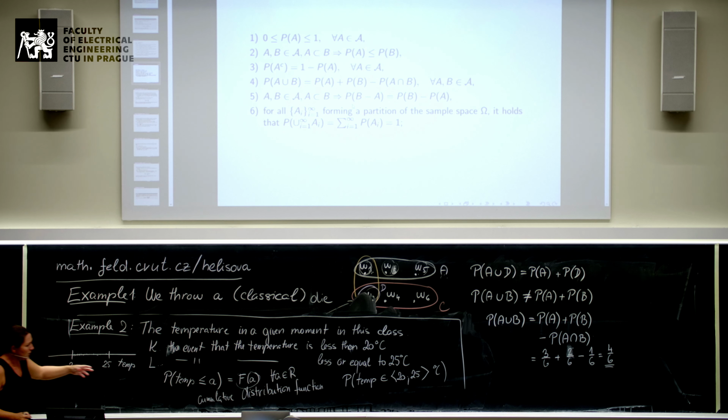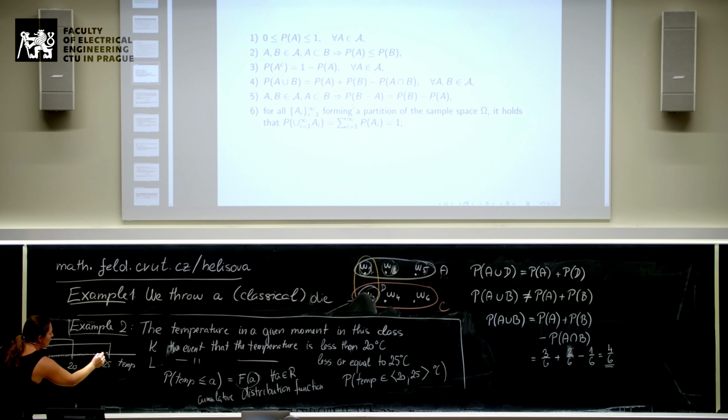But we have only the function describing the probability that the temperature is less or equal to some A. What can we do? We can calculate the probability that the temperature is between 20 and 25 degrees as the probability that the temperature is less or equal to 25, which is the probability of all these elementary events, minus the probability of all these events.